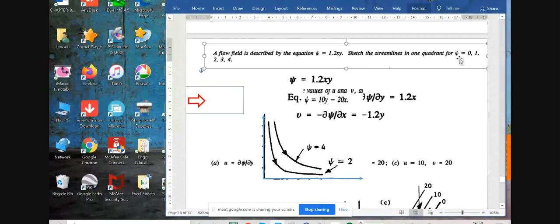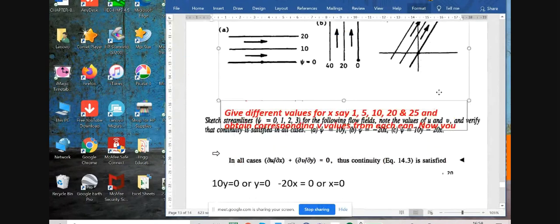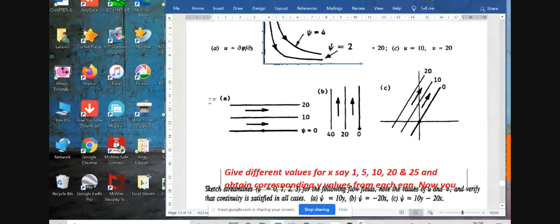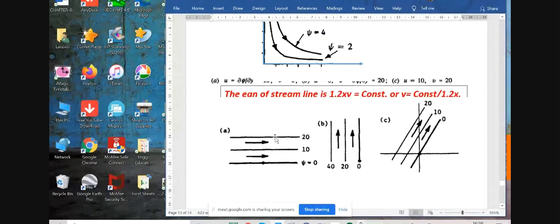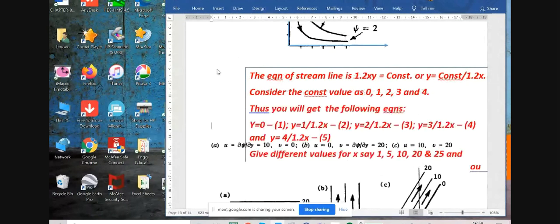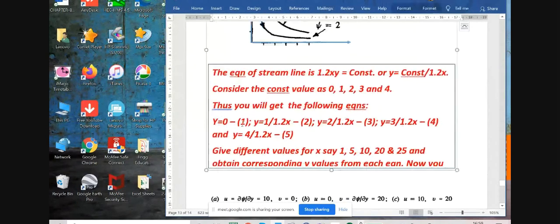So now what you do is you replace the constant value, consider the constant value as 0, 1, 2, 3 and 4. So you will get 4 equations.